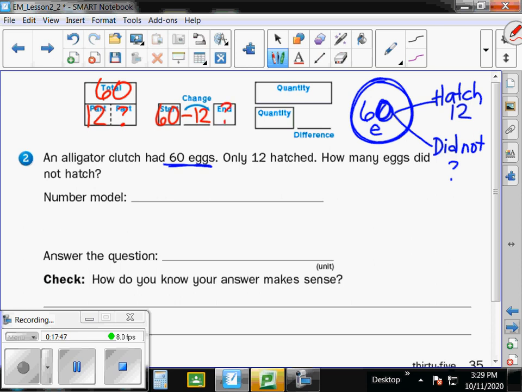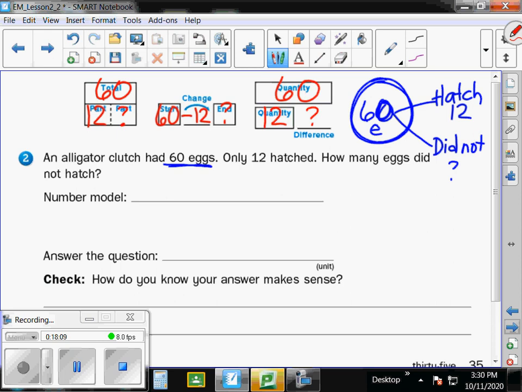Well, I don't know yet. I'm going to put my question mark there. And then also the quantity difference. Quantity is kind of like starting with the total. I know that I have a total of 60. Okay. I know that part of them hatched 12, and I want to know the difference.